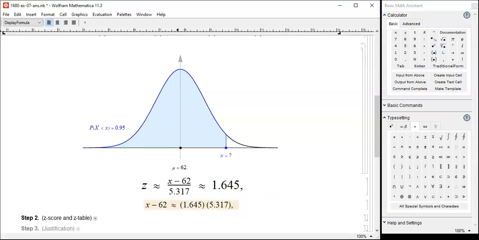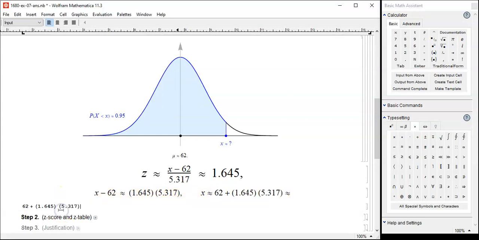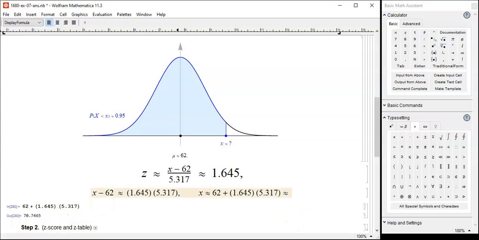And then if I flip this 62 to the other side, then x is approximately equal to 62 plus this one we had before. Let's do this computation with Mathematica. You can punch in the calculator, of course. I'm getting 70.74 something.